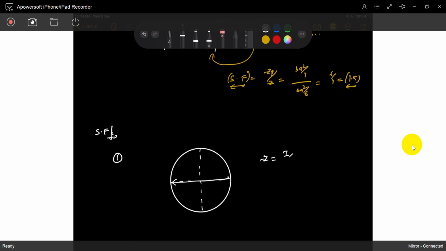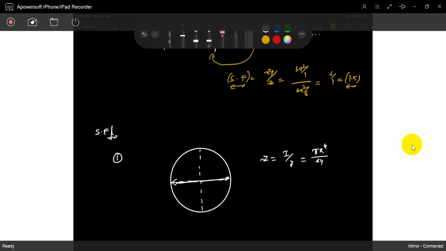What is Z? Z is I by y. So what is I? I with respect to the neutral axis. I is pi r power 4 divided by 64, or 32, or 16?